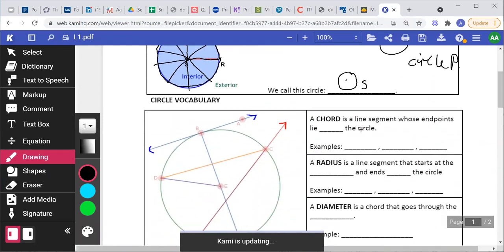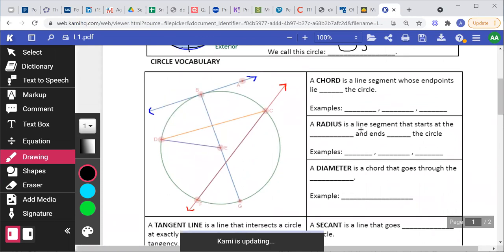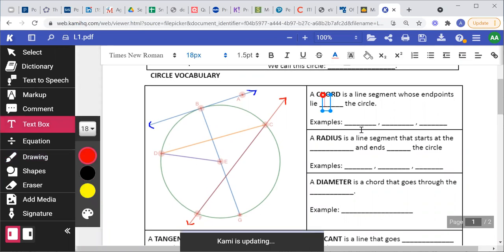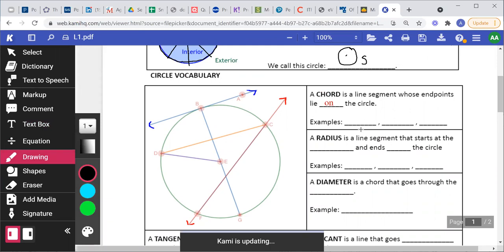And other things that we studied last week, Friday, on Desmos, we're going to quickly talk about. A chord. A chord is a line segment whose endpoints lie on the circle. As you can see here, I have D and C. This is a line segment and the endpoints lie on the circle, okay?